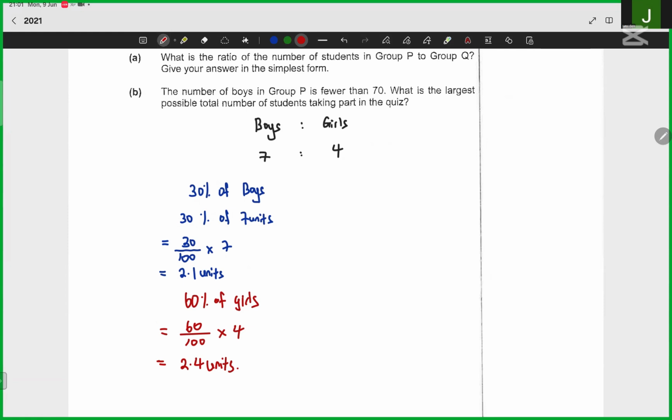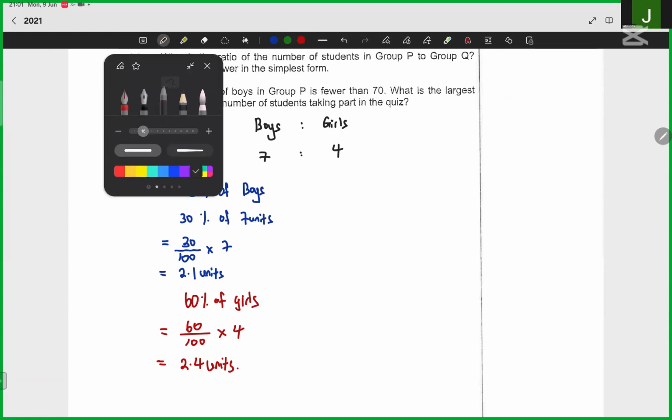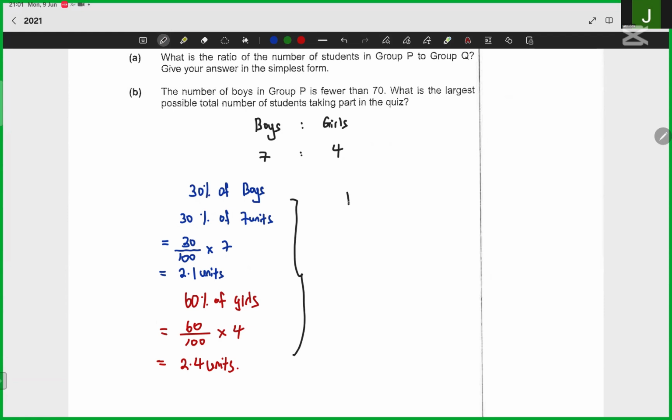So group P, all these are in group P. Okay, so that means P would have 2.1 plus 2.4, which is 4.5 units. Then Q must take the remainder. Okay, total here is 11. So 4.5 goes to P, then Q must take the remaining 6.5. Okay, so 4.5 is to 6.5, times 2, 9 is to 13.